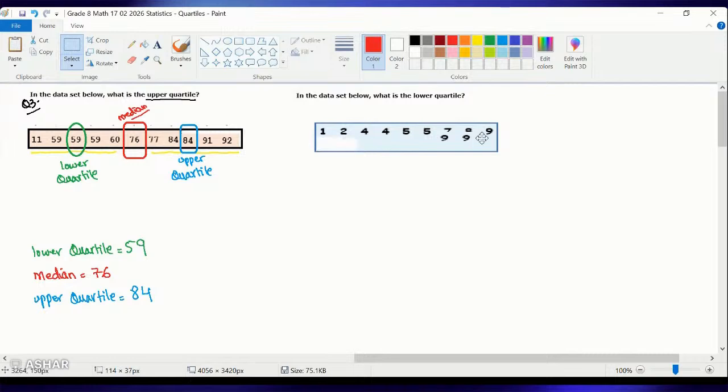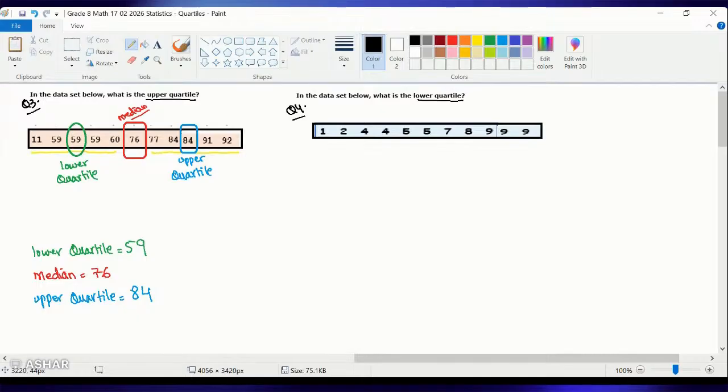Just move them from here to here so that we have all the values in a single line. And they're asking us, find the lower quartile. The first part of the question says, find the lower quartile for these given values. This is our question number 4.